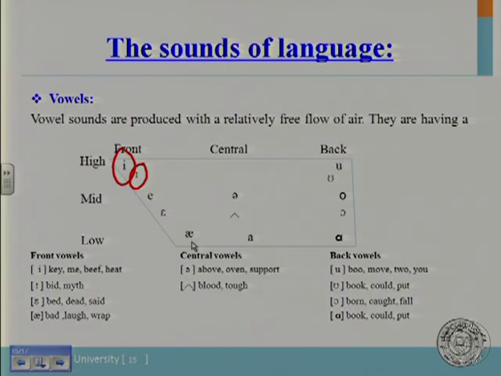Second is the sound as in bed, dead, or said, and it can be represented by this symbol. Now, if you open wider, you'll have the sound as in hat, bad, laugh, rap, and the symbol here is this one.